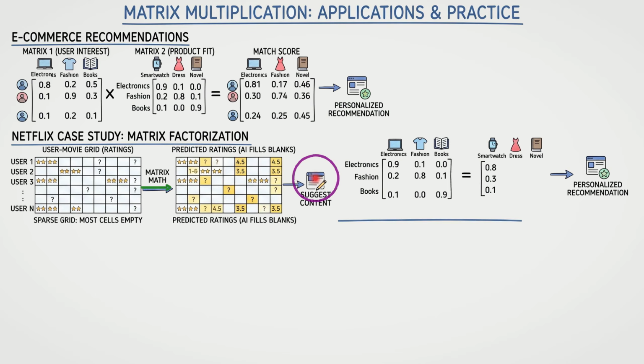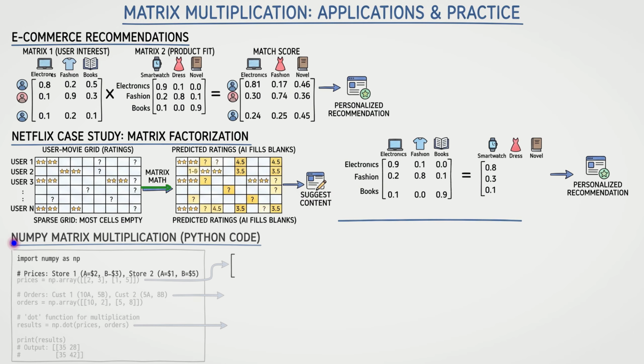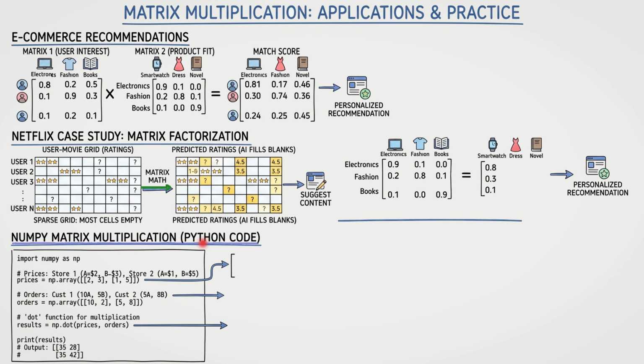To actually perform these calculations in the real world, developers use Python and a library called NumPy. Let's look at this NumPy matrix multiplication code. Using Python, we define our first grid using np.array for our store prices, which creates this 2 by 2 prices matrix in memory.